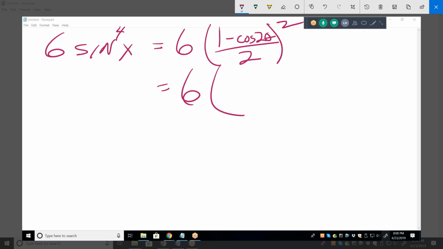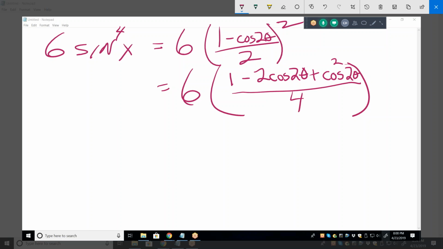Now, I'm going to square what's inside the parentheses, which means squaring the numerator and squaring the denominator. Numerator squares like this. The denominator becomes that. You with me? Now I'm going to distribute. I'm going to multiply the numerator by 6.